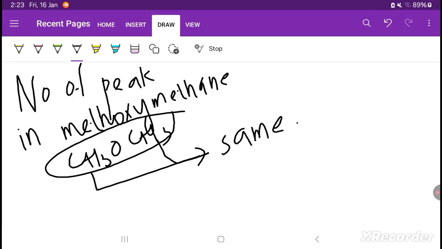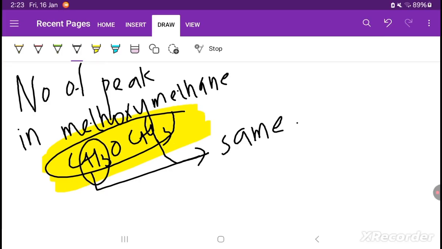The two methyl groups on either side of the oxygen atom are identical, isn't it? This molecule is symmetrical: CH3 on both sides, a middle oxygen.